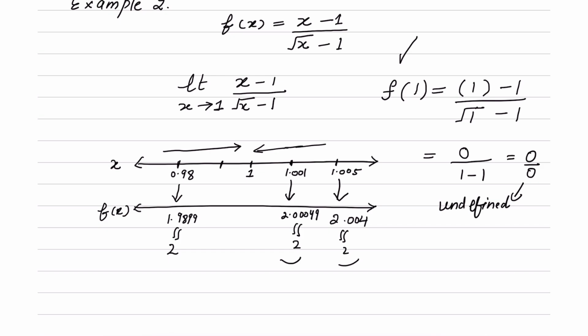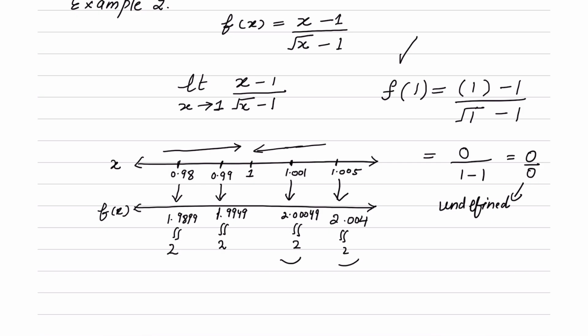Let's pick one more value closer to 1 on the left of 1. This time we are picking 0.99. The value of the function at 0.99 is 1.9949, which is approximately equal to 2.